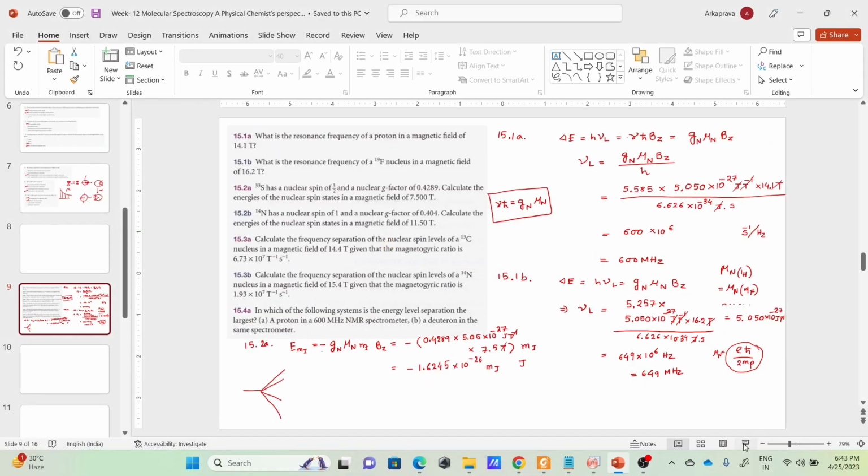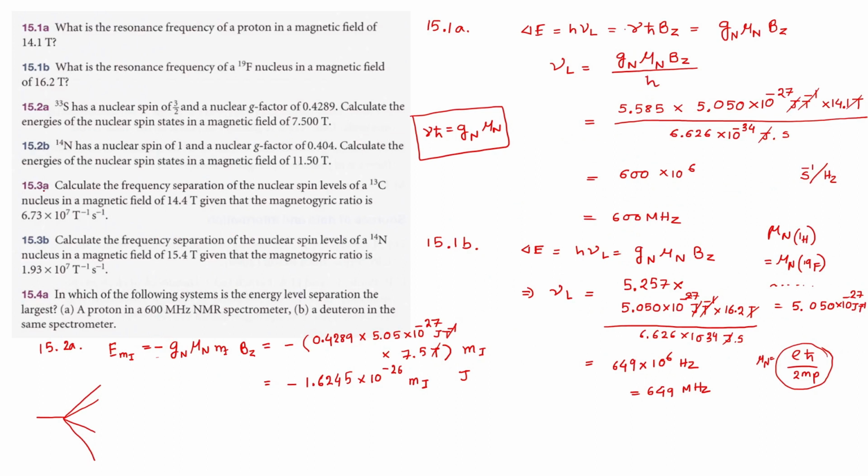Okay. Now for 3 by 2, minus 3 by 2 will have positive energy, right? So minus 3 by 2 will be stabilized. So this is for minus 3 by 2. This is for minus half. This will be for plus half.